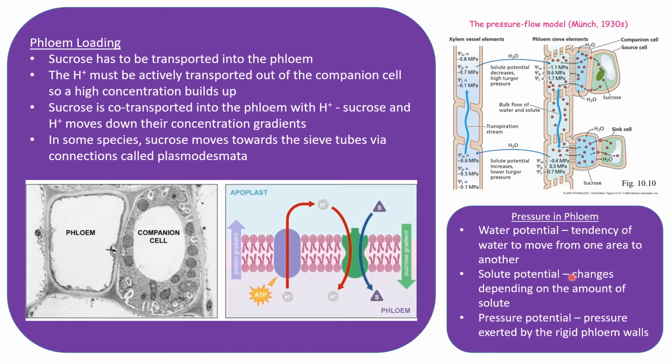If you've got less solute, you're going to have a lower solute potential. And the pressure potential is the pressure exerted by the rigid phloem walls. Phloem doesn't have lignin in its walls like xylem does. The walls of the phloem are already rigid, and that rigidity allows the pressure to build up because the walls don't move.